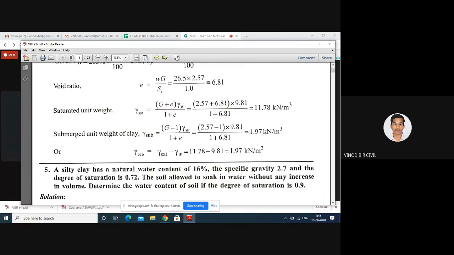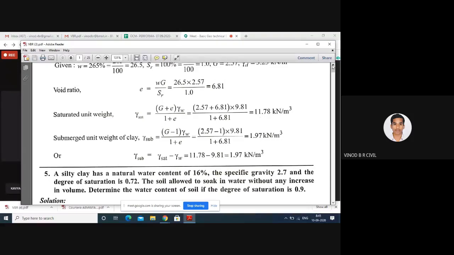So E is equal to water content into specific gravity divided by SR, the degree of saturation. That is the first expression we derived in the last class. With the help of this expression, we can calculate the E value.